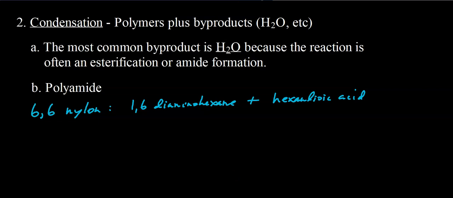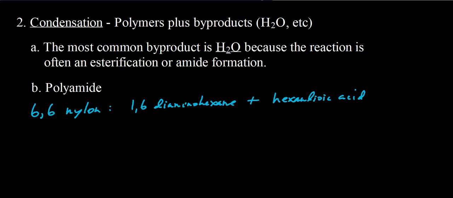So notice both of these molecules, in the one we have an amino group on opposite ends, allowing for the formation of chains, and likewise on hexanedioic acid we have our hydroxyl group of the carboxylic acid group on opposite ends, and we can just have many of these linked together.